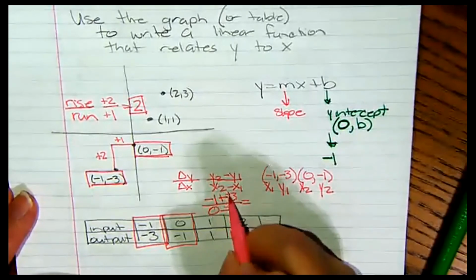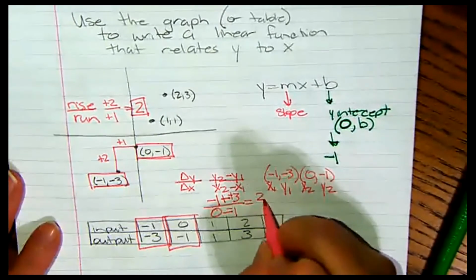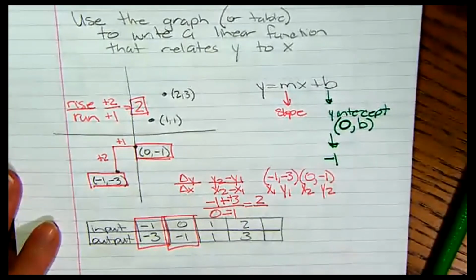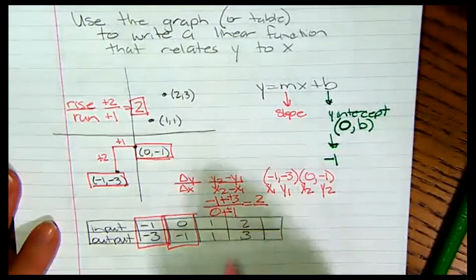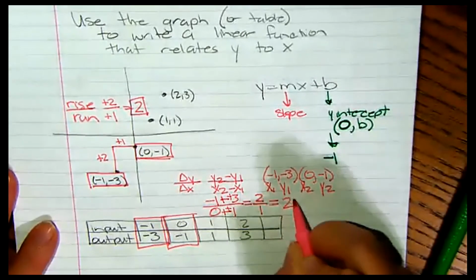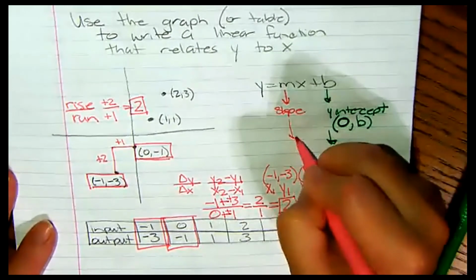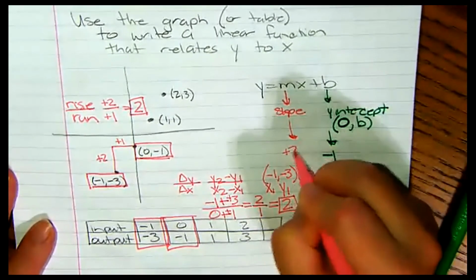A negative and a negative is positive. So -1 plus 3 is 2. A negative and a negative is positive. 0 plus 1 is 1. So here we can see my slope is 2. So the slope is +2.